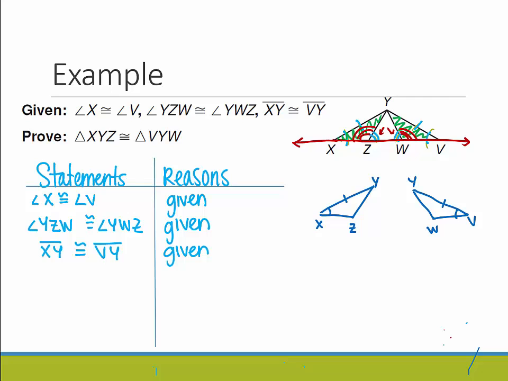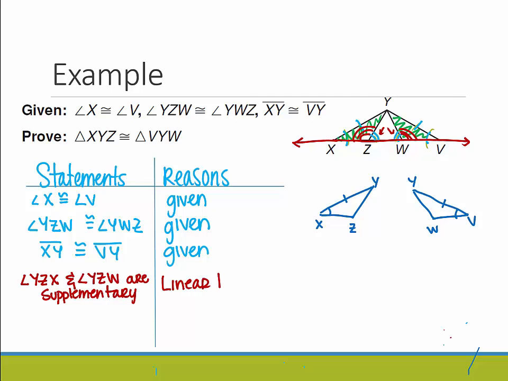So I know that angle YZX and angle YZW are supplementary. And that's because of the linear pair theorem.